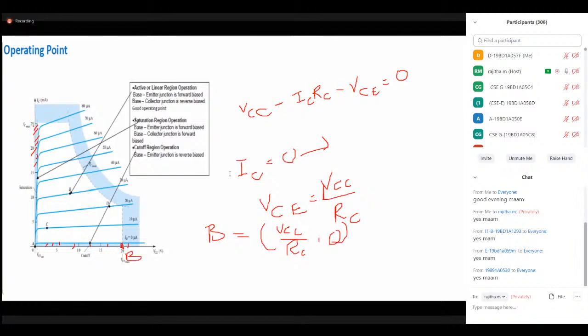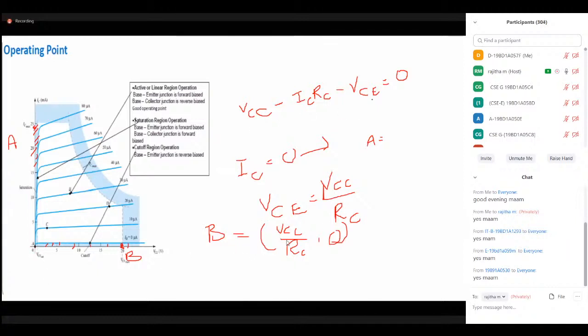Next, I need one more point on the y-axis to draw the DC load line, and that node also has a y coordinate as well as an x coordinate. In order to find it, the x coordinate value becomes 0, because VCE is 0.